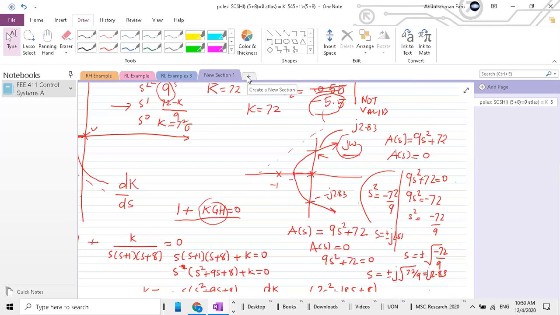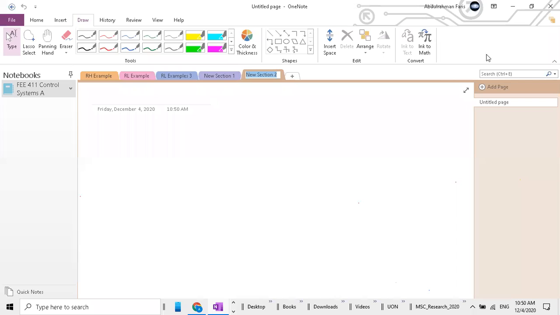So let me just go to a new section. This is just method 2 for the breakaway or break-in point. You work from the open loop transfer function.